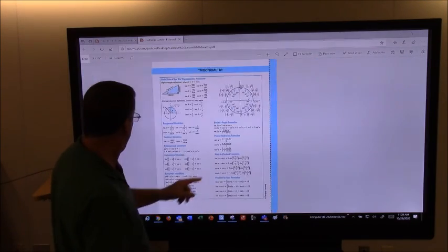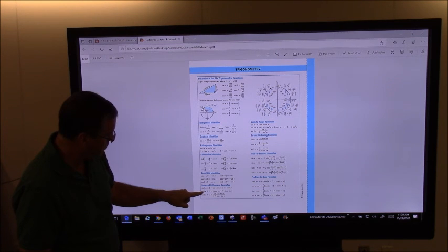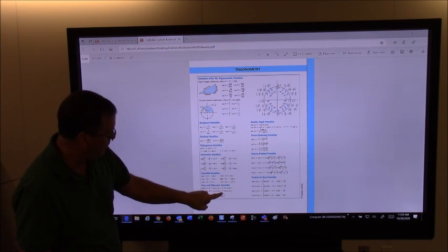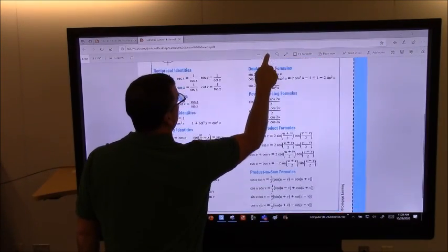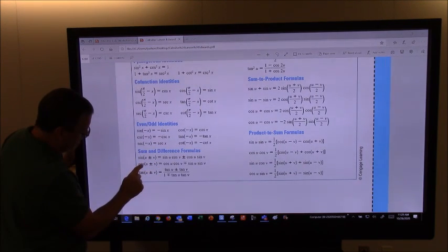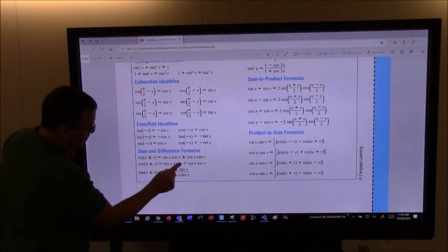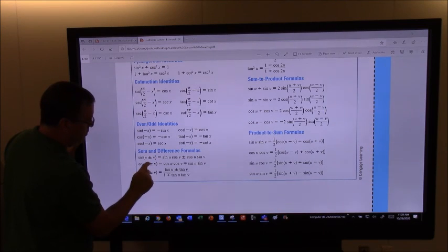Let me go back to our trig stuff. When you expand something with a cosine, you do the opposite over here. Okay, let me make this bigger. When you expand the cosine, if this says cosine of u plus v, then over here you're choosing the opposite sign. You're choosing a negative when this is positive.